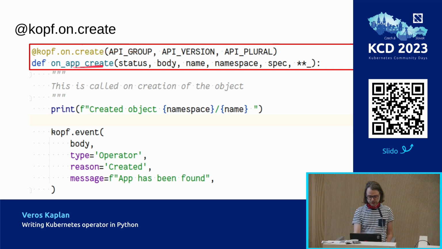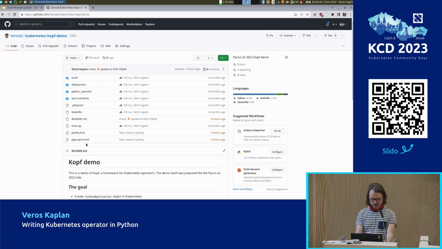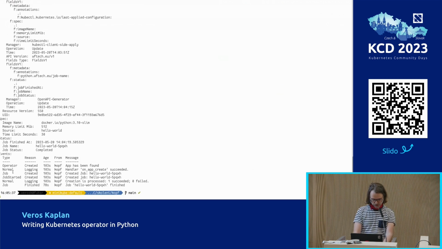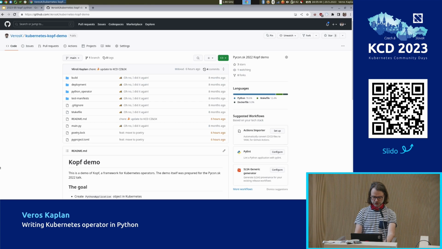So when a new custom resource was created, the on create was called, so the Python code found, well, we have a new object, and Kopf provides us with some helpers, and one of the helpers is named event, and we can check kube control describe Python app hello world, and you can see that some event was created. You see?